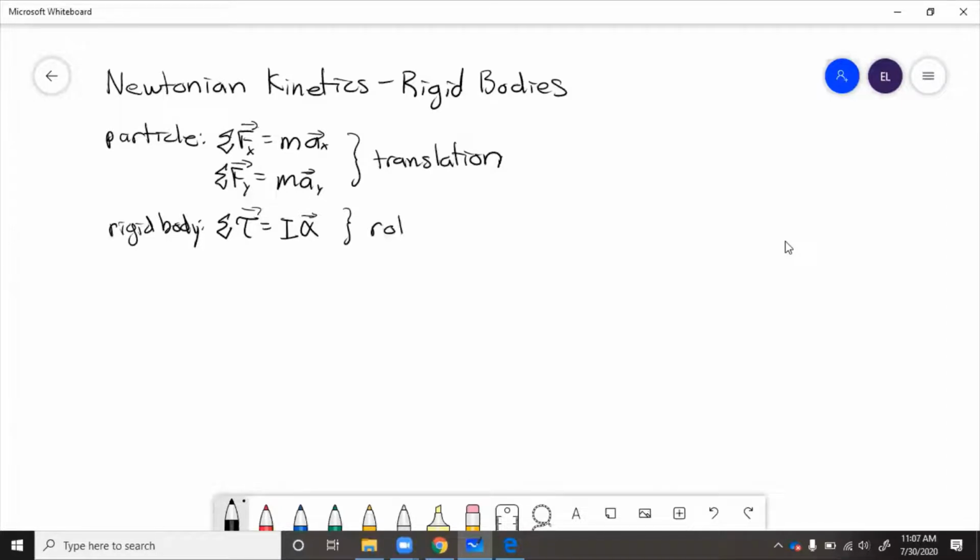This is the rotational component. So for rigid bodies, you still have to sum forces in x and y, but then you also get to do sum of the torques. And again, sum of the torques can be done around the mass center or a fixed point.